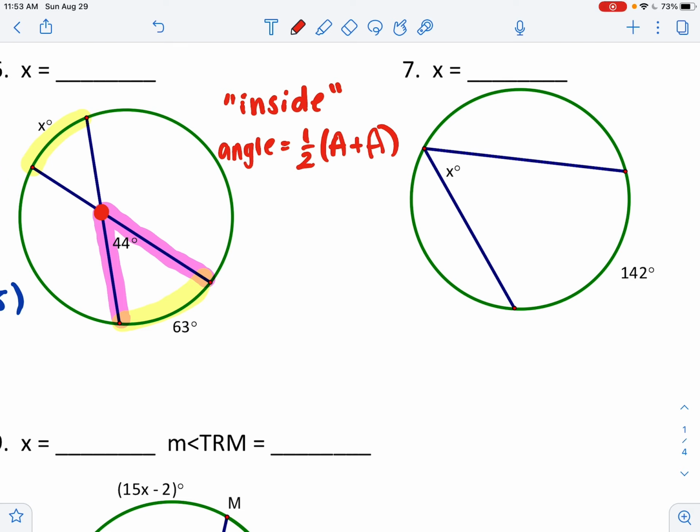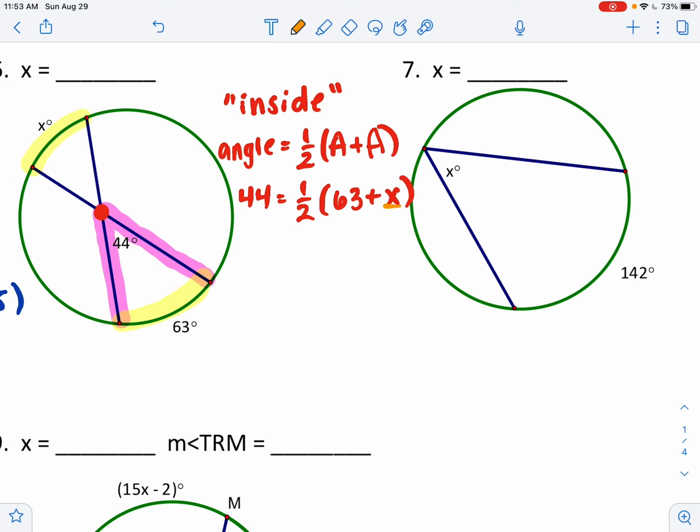All right, so now I'm going to plug in. My angle is 44 equals 1/2. The arcs are 63 and X, so 63 plus X. And now I'm just going to solve for X. So the first thing that I want to do in this problem, because X is inside the parentheses, I need to move everything away from it. I'm going to start by getting rid of the 1/2. So in order to cancel it out, I would multiply by its reciprocal.